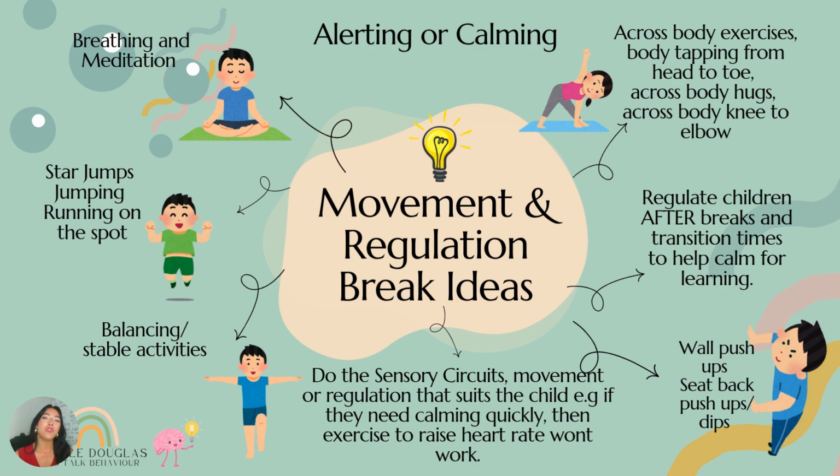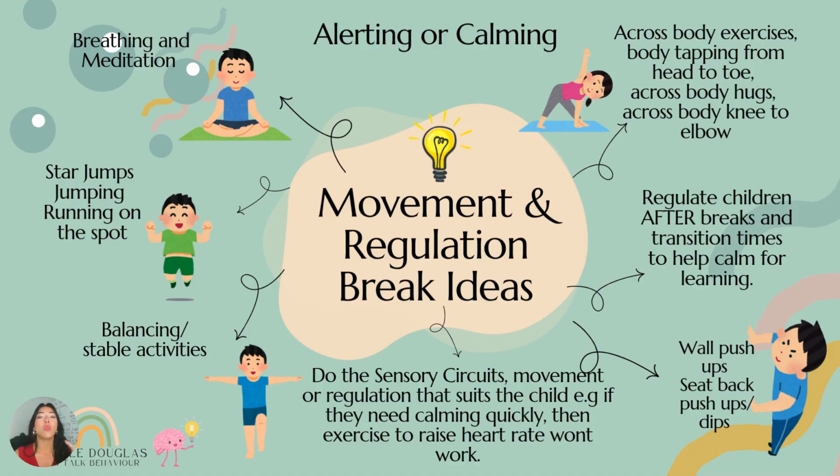Some examples of movement and regulation breaks can be things like across body exercising, from tapping their bodies across, from tapping from head to toe, and from stretching movements across that mid-body point. Now, what that does is that brings the brain from the amygdala, the non-thinking emotional brain, into the prefrontal cortex thinking brain.